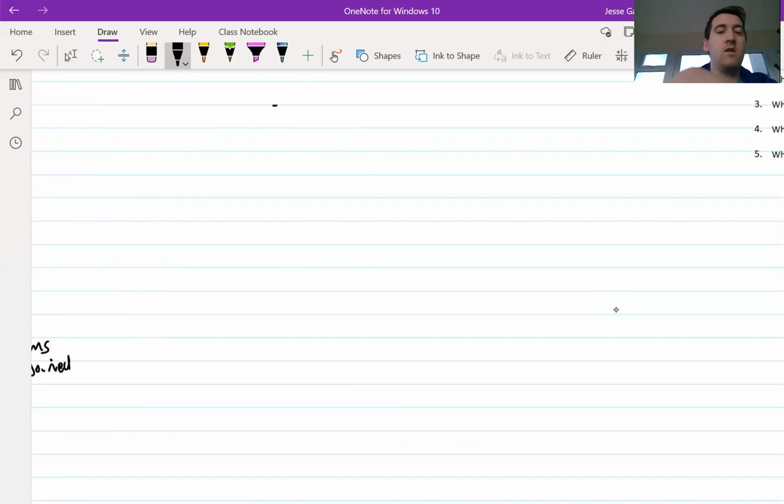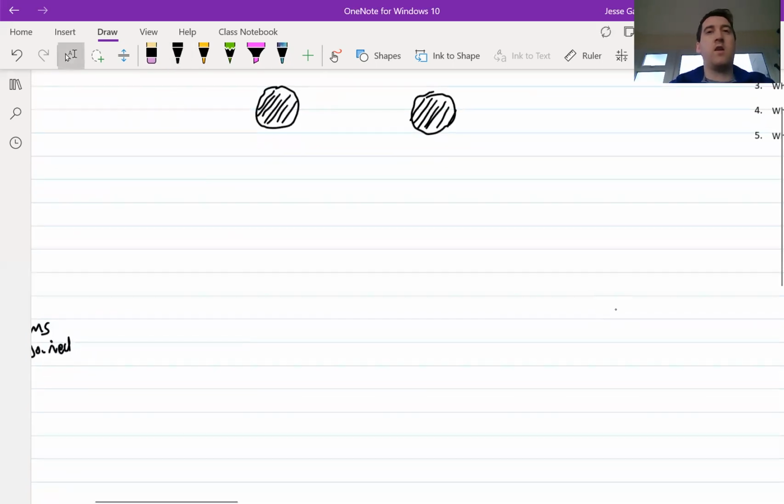Here, I have a particle, and it's got this lined print. Here, I've got another particle, and it's got the same lined print. Okay, so I want you to tell me what type of particles are both of these. So on three, 1, 2, 3, what type of particle are they?